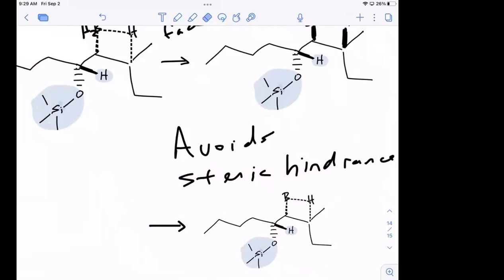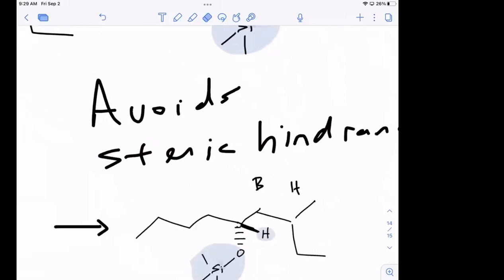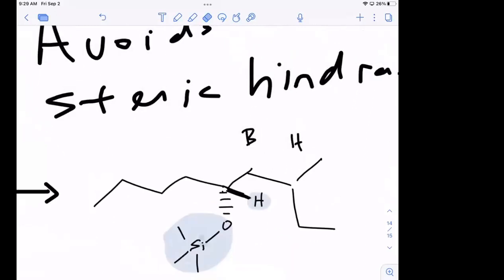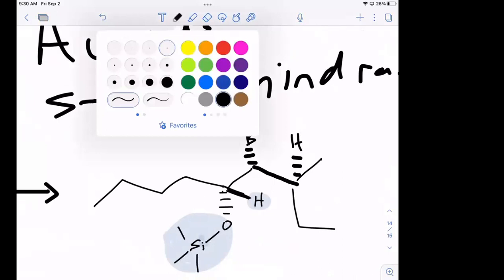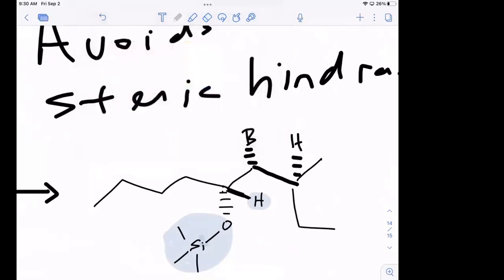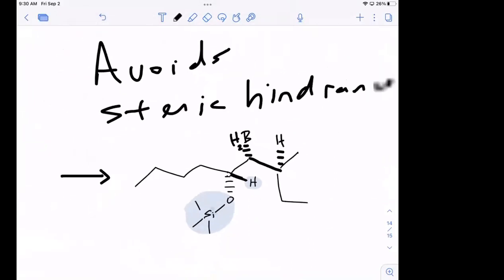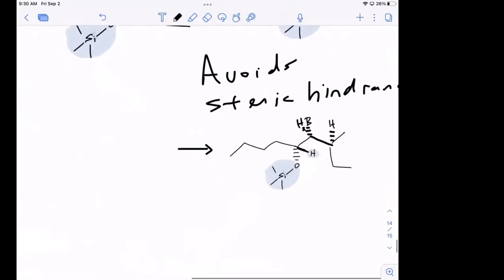What would that intermediate look like if boron attacked from the same side where the group is, where the chiral center is? Wouldn't it be going back? So this is the other intermediate.